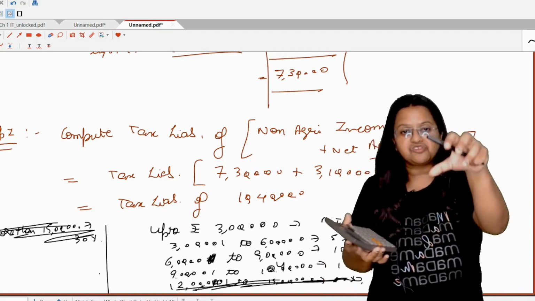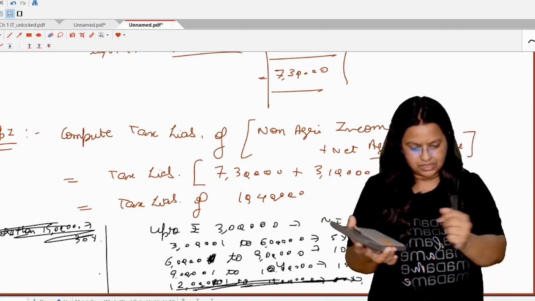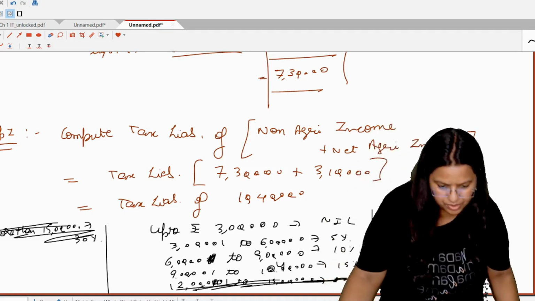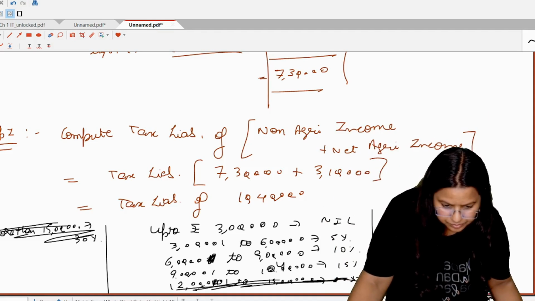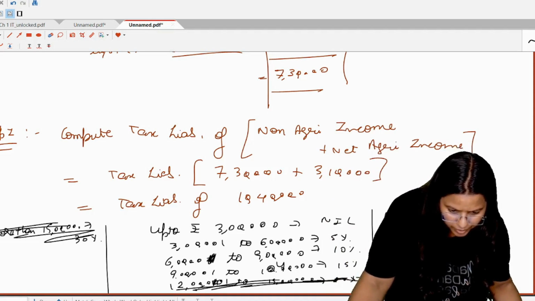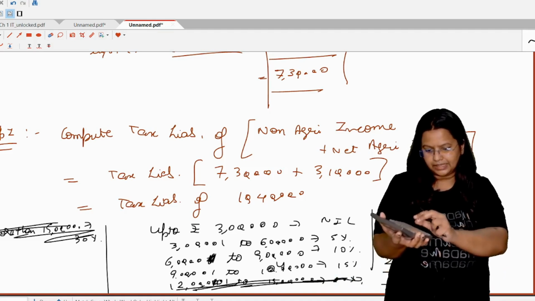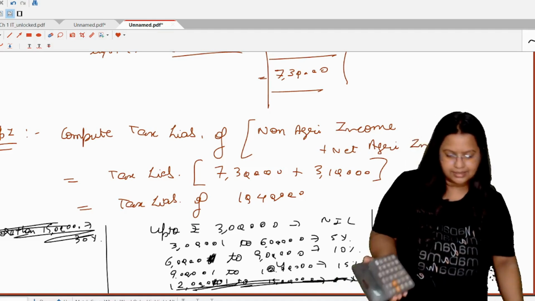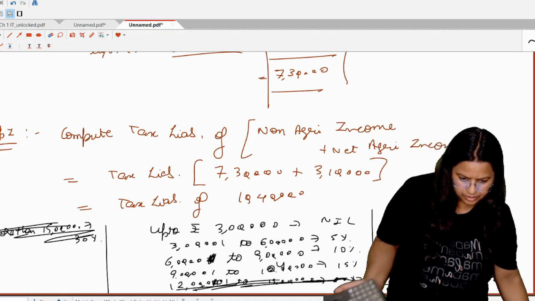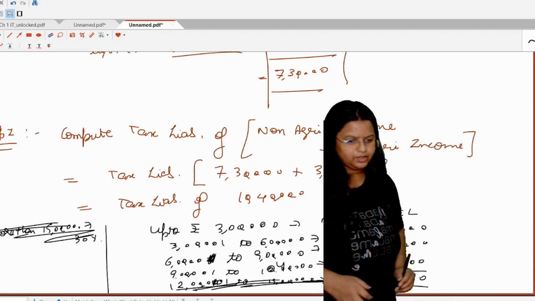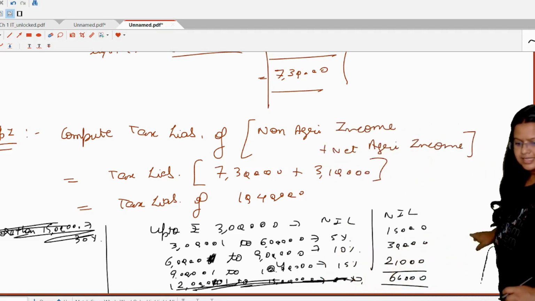The tax rate on this is 15%. So 1,40,000 multiplied by 15%, 21,000. Okay. Now, the total tax liability here is 15,000 plus 30,000 plus 21,000. That is 66,000. Okay, let's see it. 66,000 here.